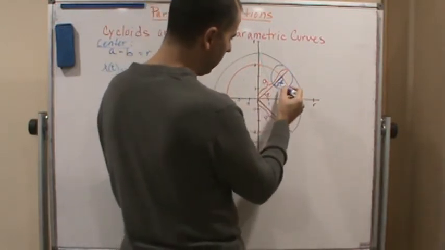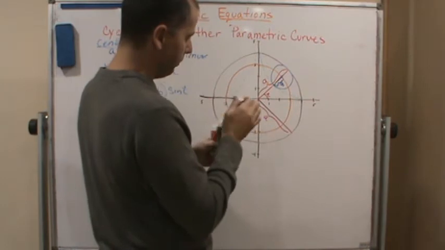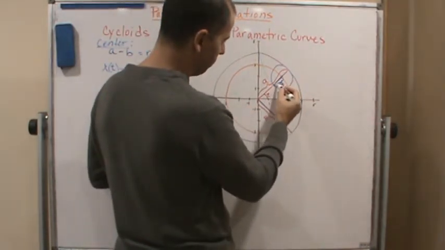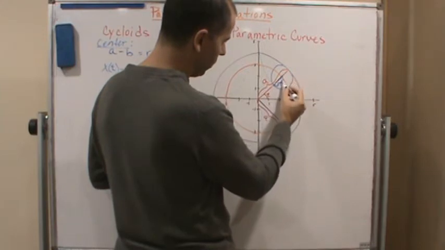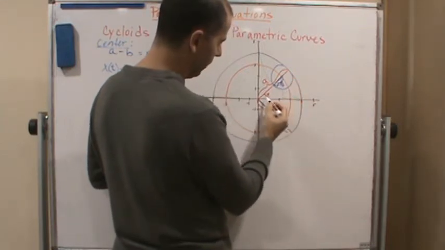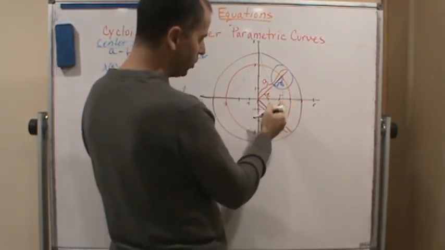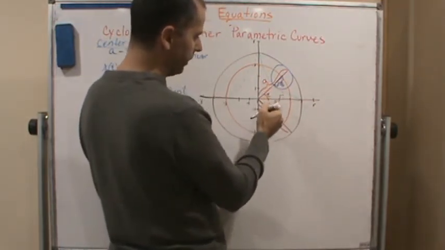If I draw, and it's hard to see here, but if I draw another triangle going this way, so I've got my blue triangle, the little triangle, but if I draw another triangle going all the way down, I've got another right triangle here, right? And so what I'm going to have is two similar triangles.